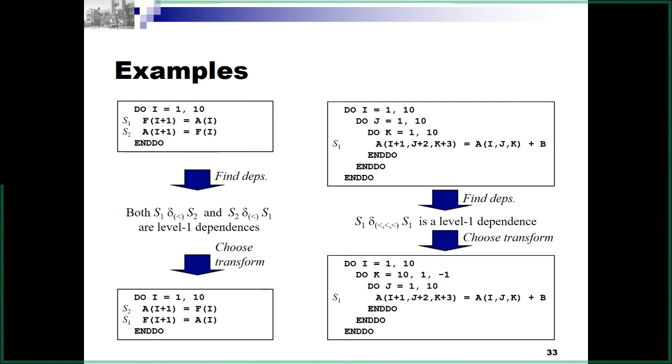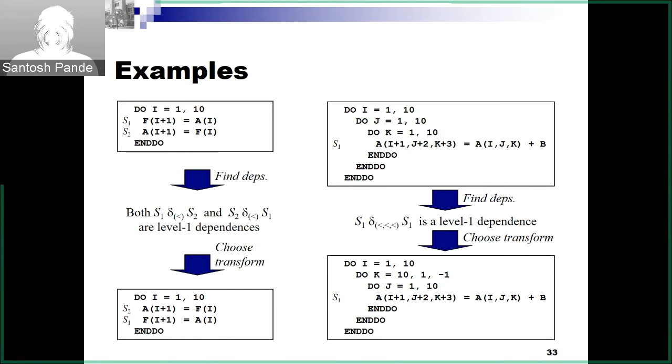So you can see that in the lower part of the loop, if we run the loop, we did two things here. We did the changes in the nesting level here, J and K we have interchanged, but we not only did that, but we have run the K loop now in the reverse direction from 10 to 1.